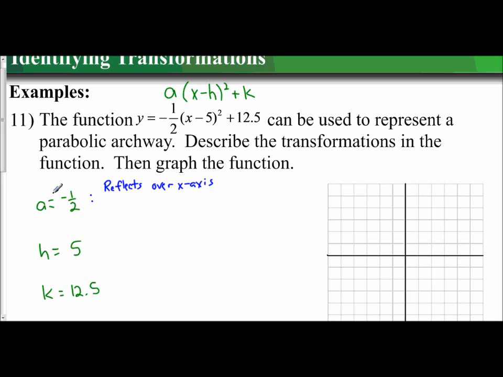And that's because our a value is negative. Now the size of a tells you what type of dilation occurs. Since a is 1/2, that is between 0 and 1, which means that it compresses vertically.